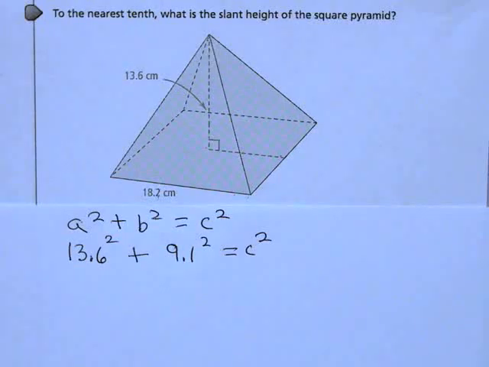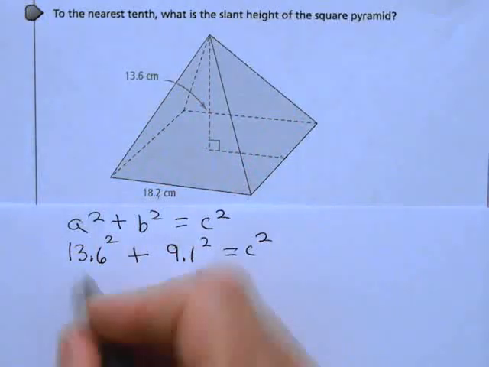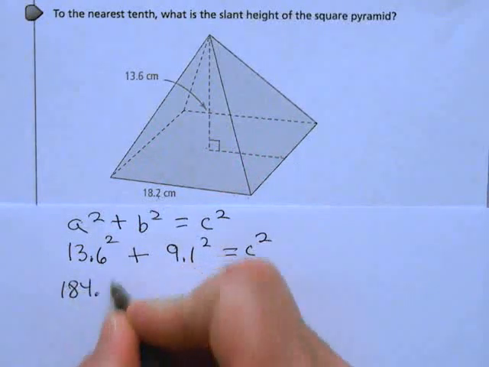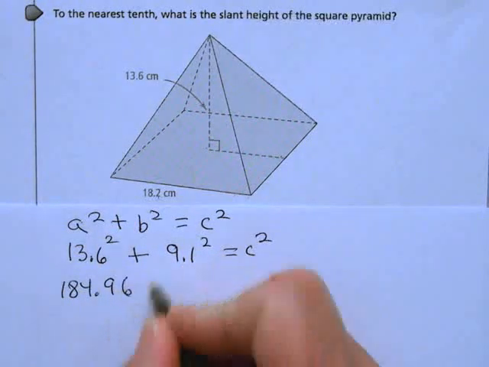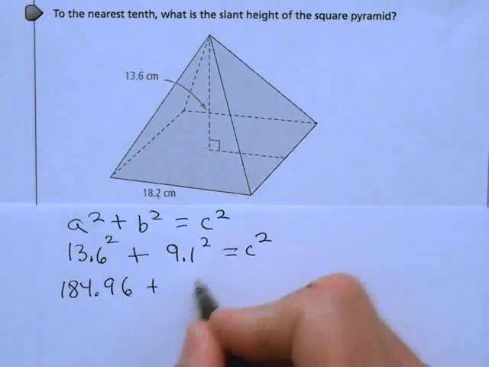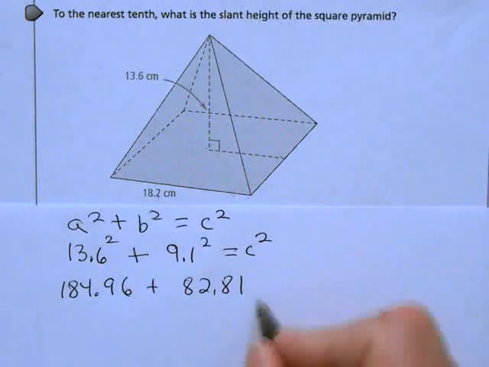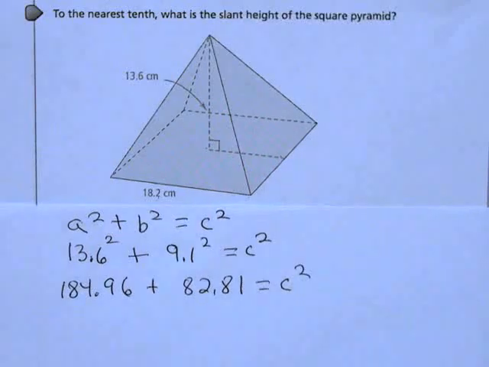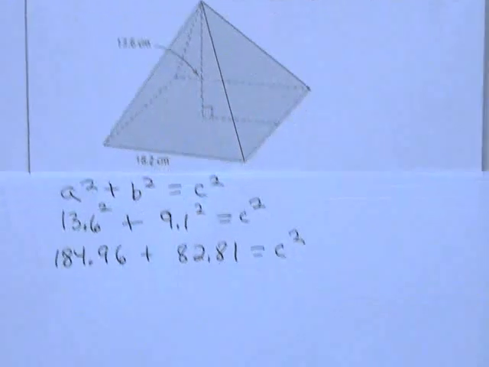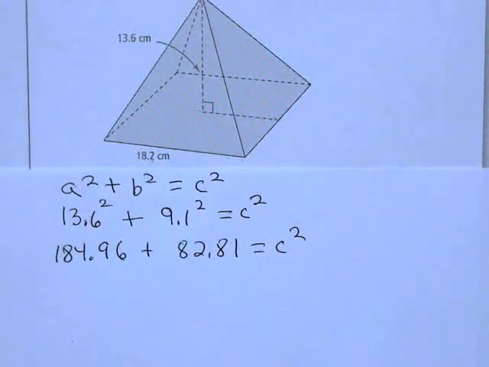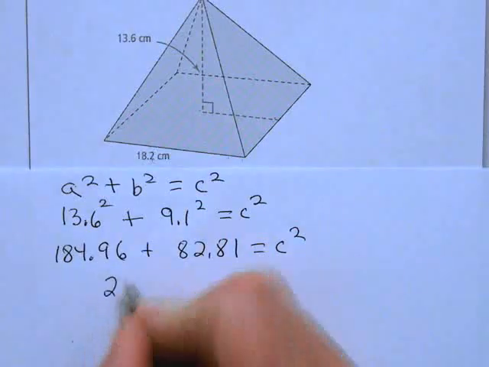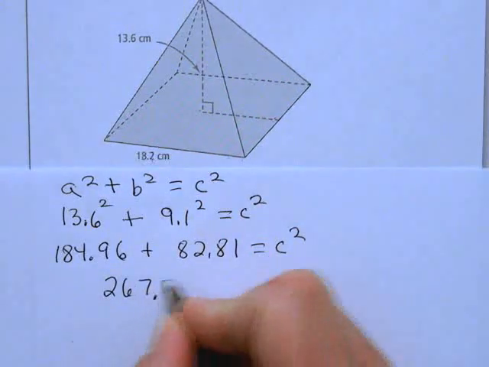And of course, once again, I am using a calculator here, and I would find out that this would be the equivalent of 184.96, and 9.1 squared would equal 82.81. And this is all in centimeters. That would equal c squared. And I'm going to slide this up so that you can see the rest of my calculations. The sum of these two numbers is 267.77.